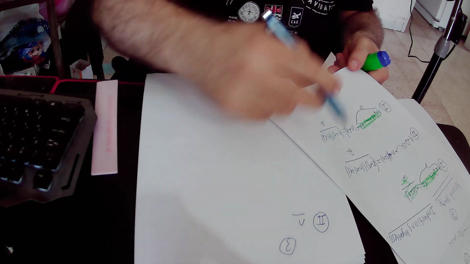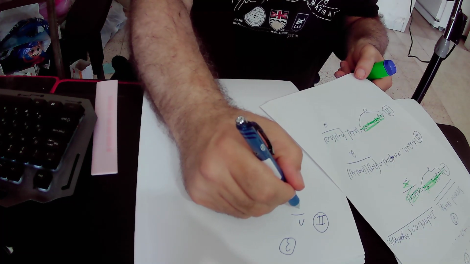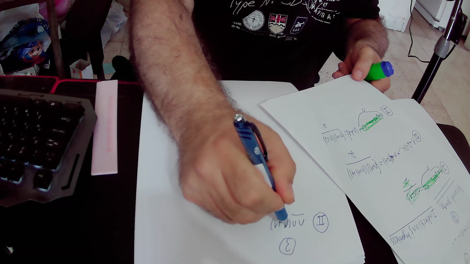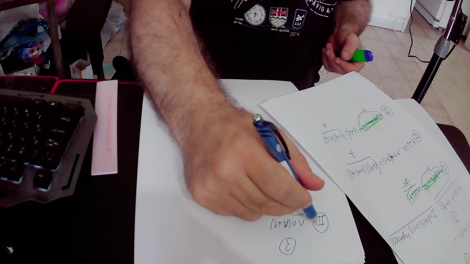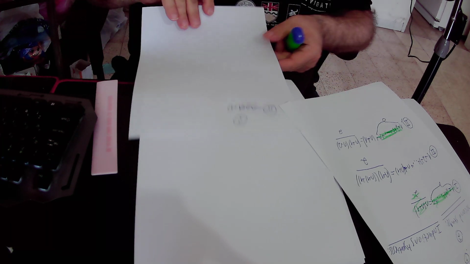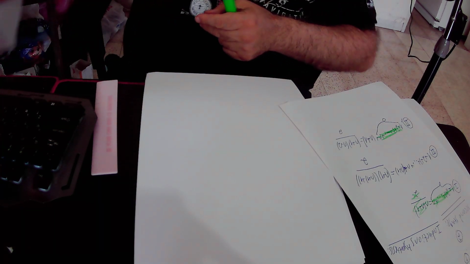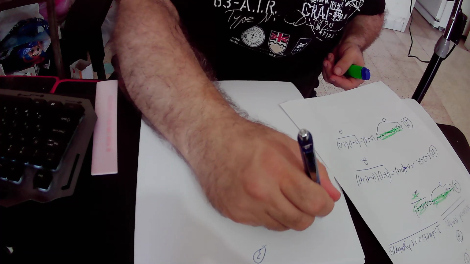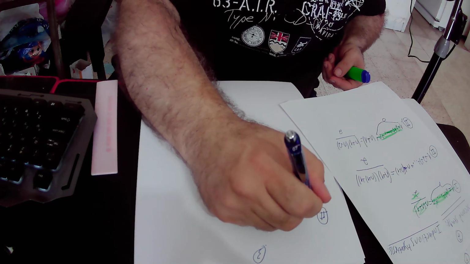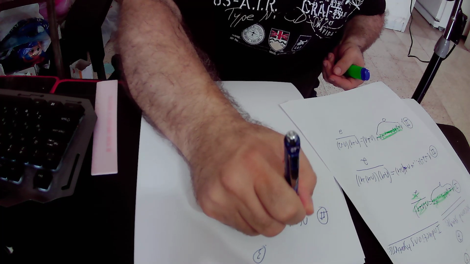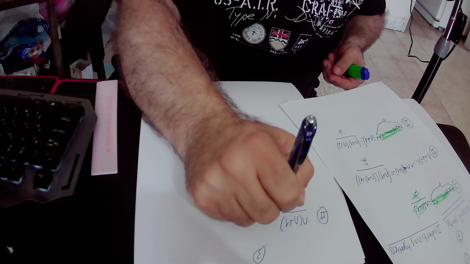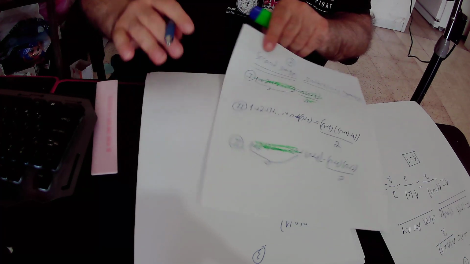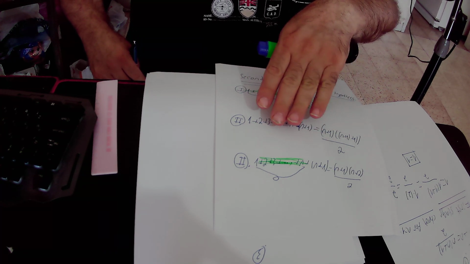So instead of 1 plus 2 plus 3 plus ... plus n, we will write n times n plus 1 divided by 2, and the other parts of this second equation we will copy as they are.